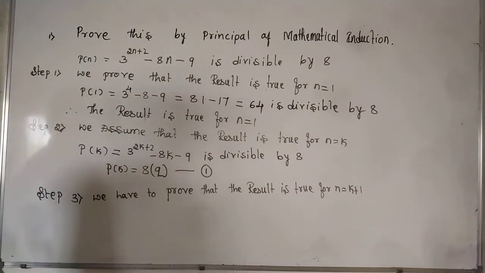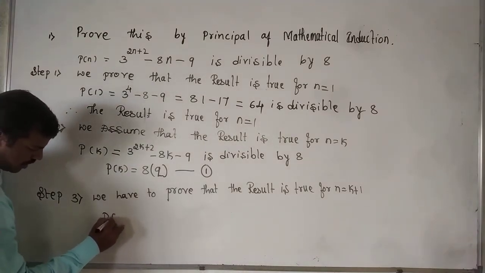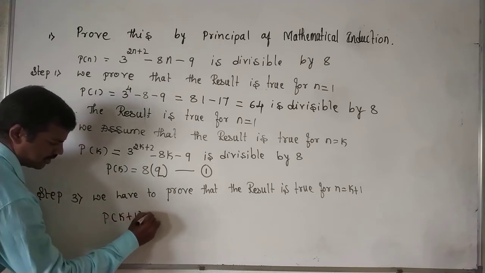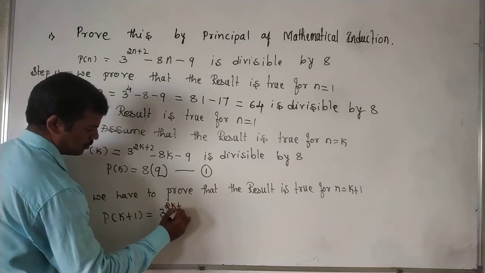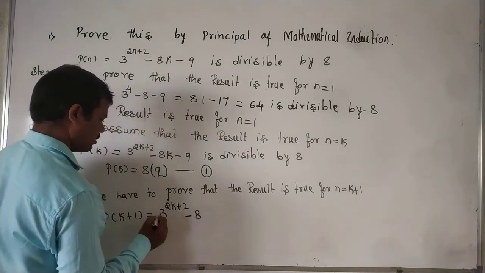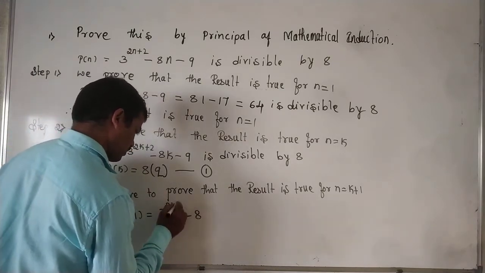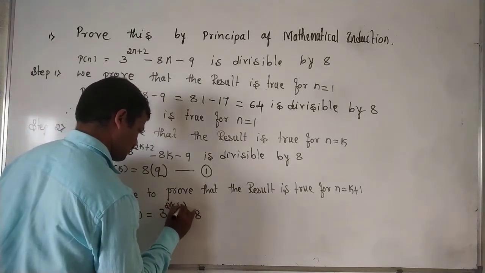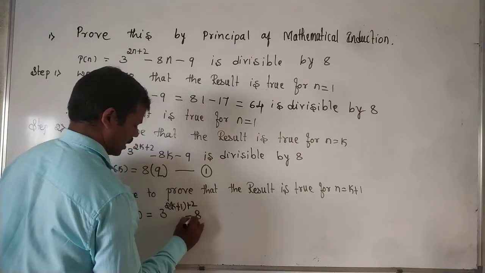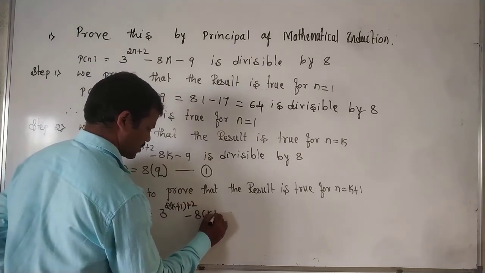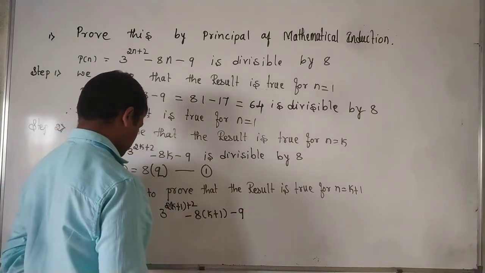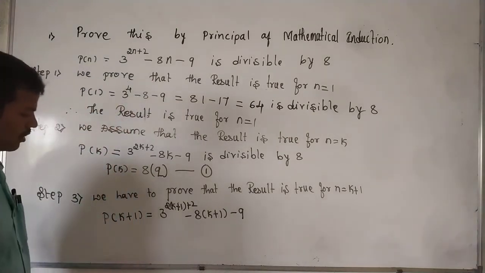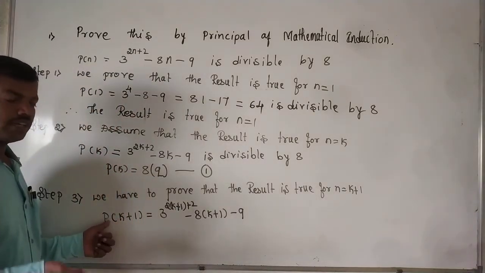The result is true for n equal to k plus 1. Means we can show that P of k plus 1 is divisible by 8. 3 raised to 2k plus 2 minus 8 times k plus 1 minus 9. So we have to show that this is divisible by 8.